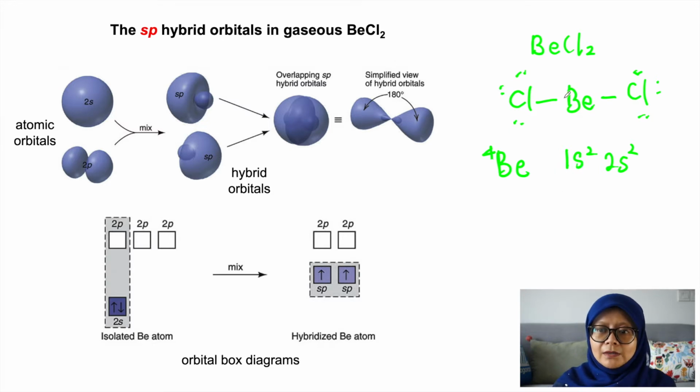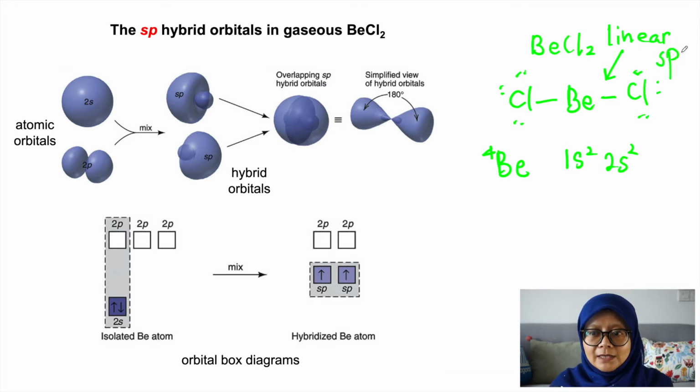If you look at this structure, it will give us linear geometry. Usually linear will give us the sp hybridization.